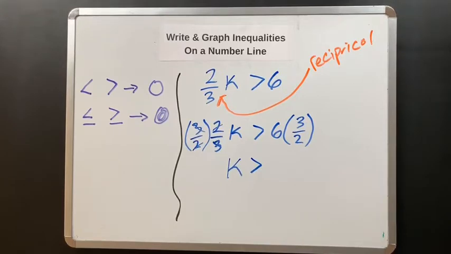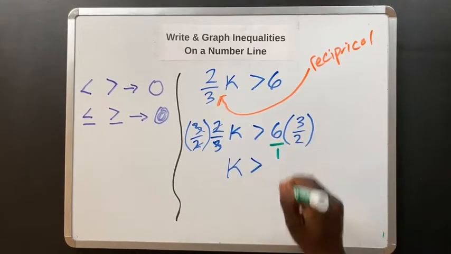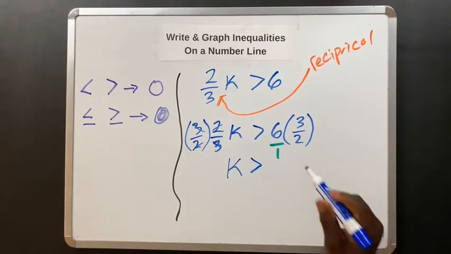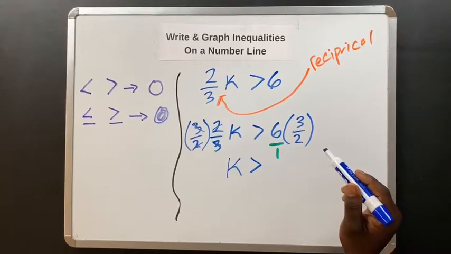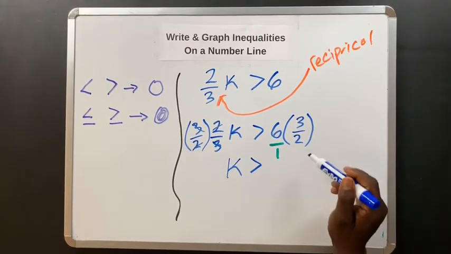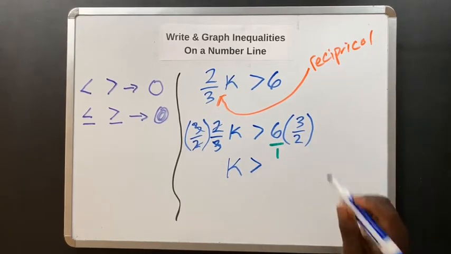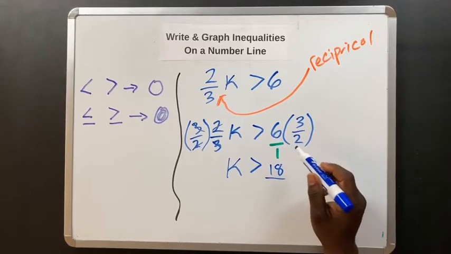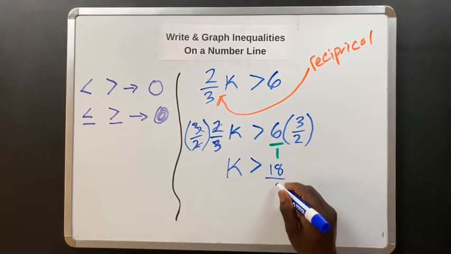And now we need to get ready to multiply these two fractions. We'll do a little review. We'll turn that 6 into a fraction by putting it over 1. When you're multiplying fractions, what happens? You go numerator times numerator over denominator times denominator. So 6 times 3 would give me 18 over 1 times 2 would give me 2.